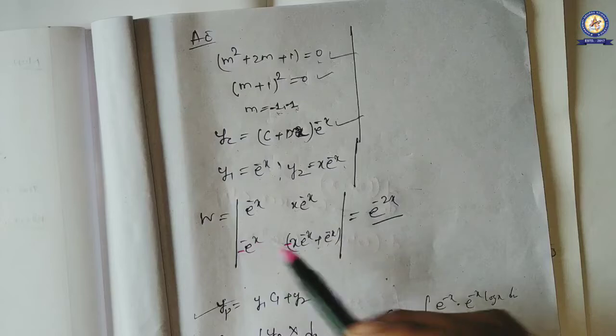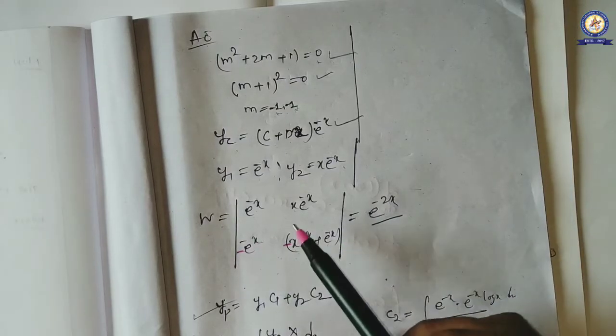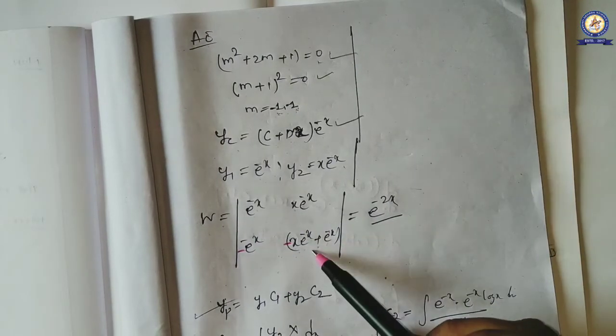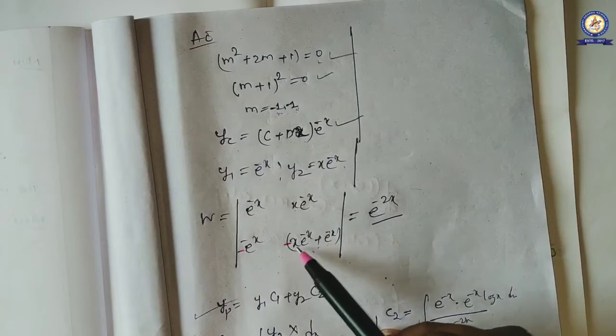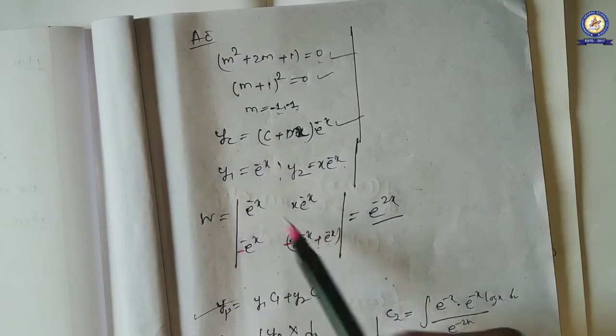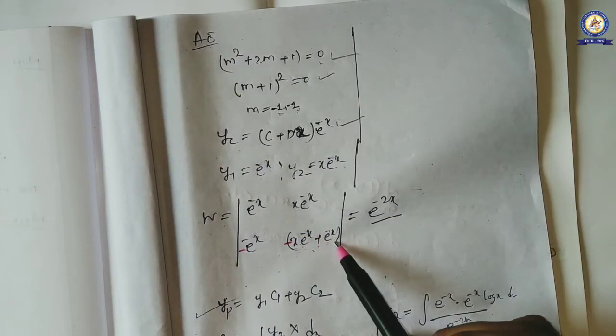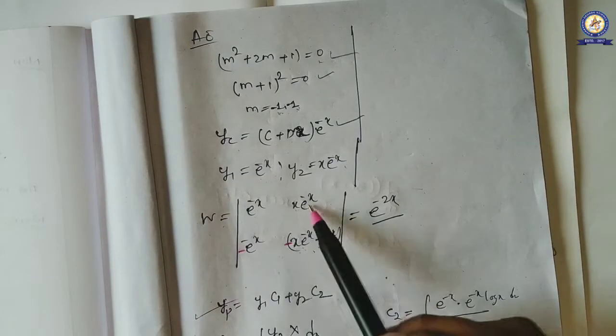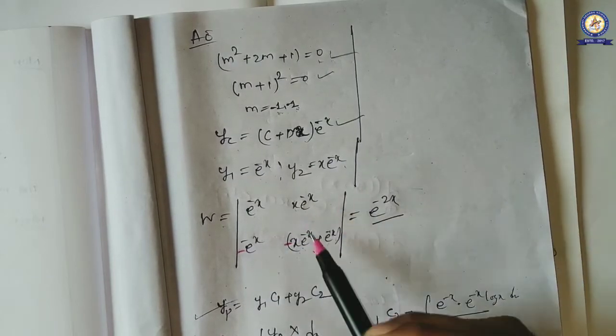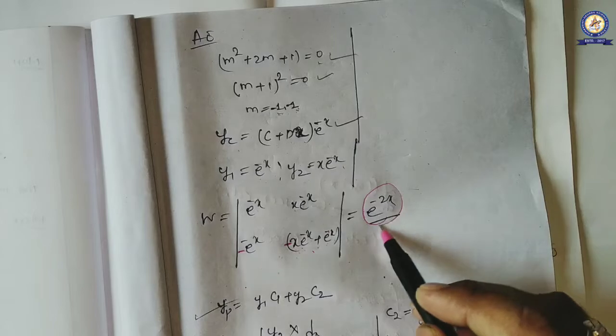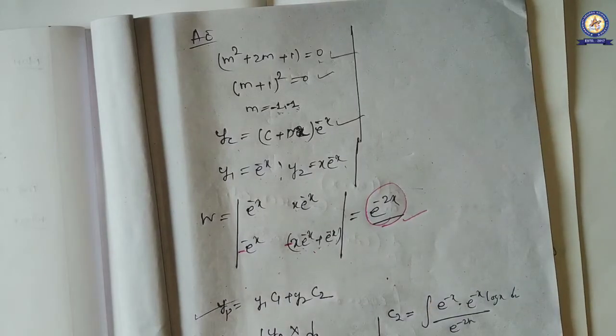If I multiply these, one term is e to the power minus 2x minus x e to the minus 2x, and then minus of minus, plus of this one, so only e to the minus 2x remains. That is the Wronskian.